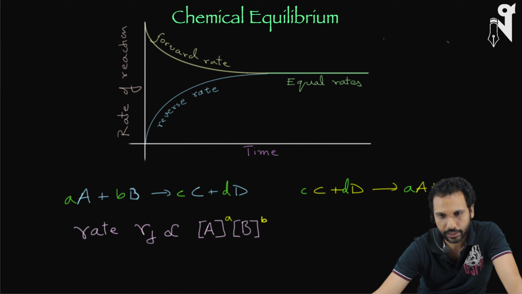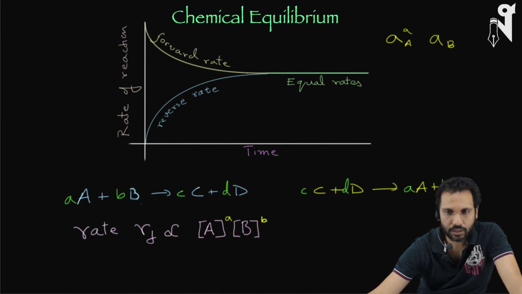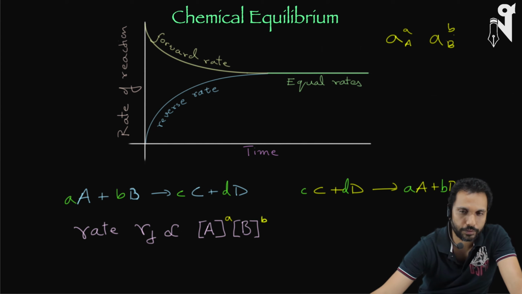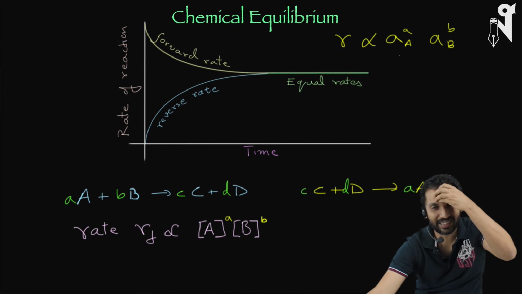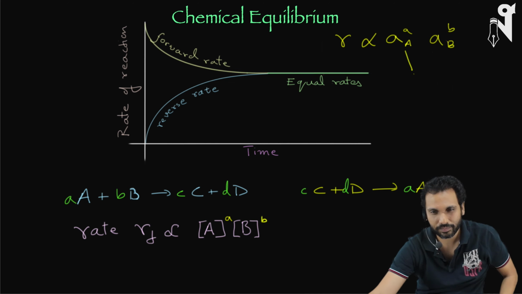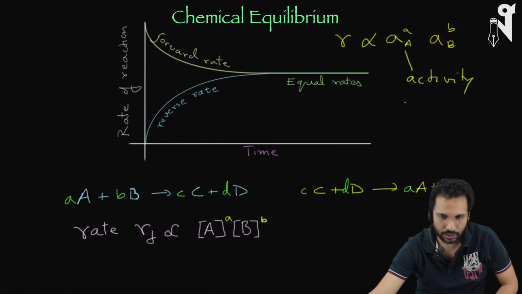So instead of concentration, it would be small a, which is the activity of A power a, times the activity of the reactant B, power the coefficient of the balanced reaction, in the minimum integral form. That's the standard way of writing it. So the rate will be proportional to that, where a is activity, or active mass. In fact, active mass.